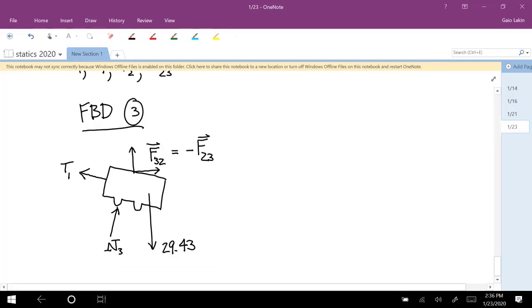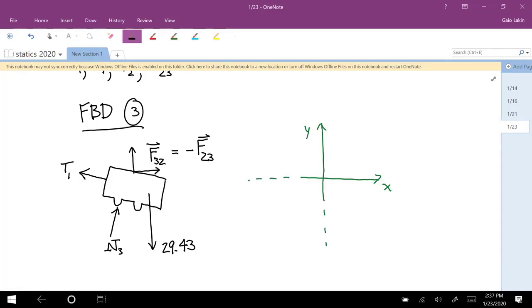All right, well, we have to figure out a couple of directions. So here's the coordinate system. We have to figure out the angle for that. Well, really, that's the one that's given. We know that this angle is 30, so we know that theta for this is 150.